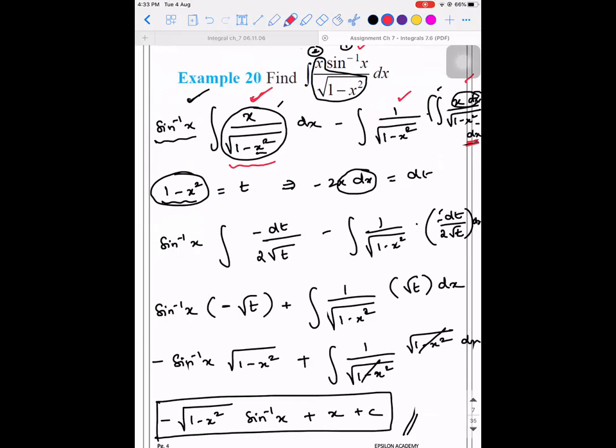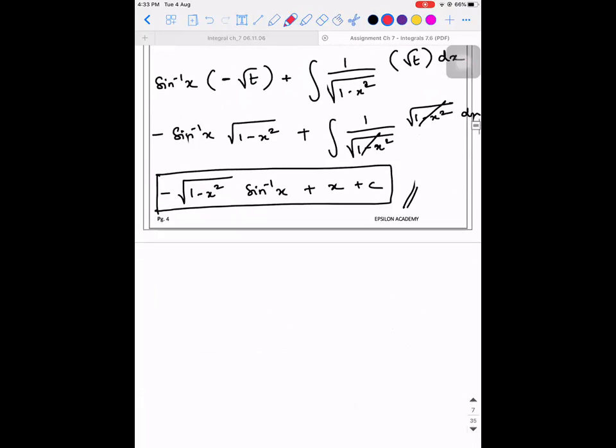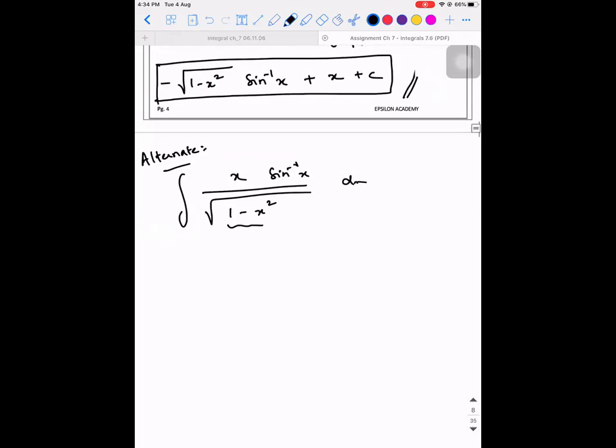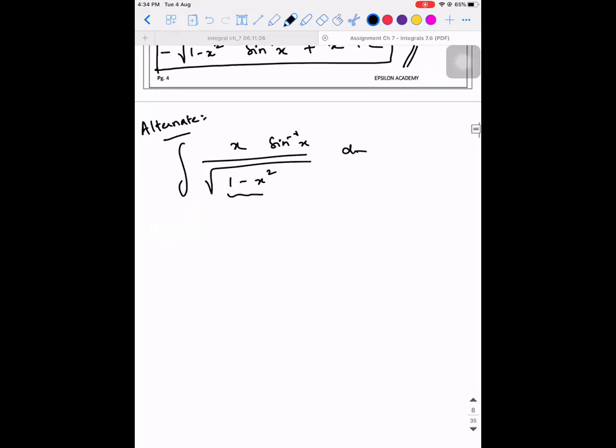Okay. Now listen. The alternate method is integral of x divided by root of 1 minus x square times sine inverse x. So wherever you see 1 minus x square, what trigonometric function comes to your mind?